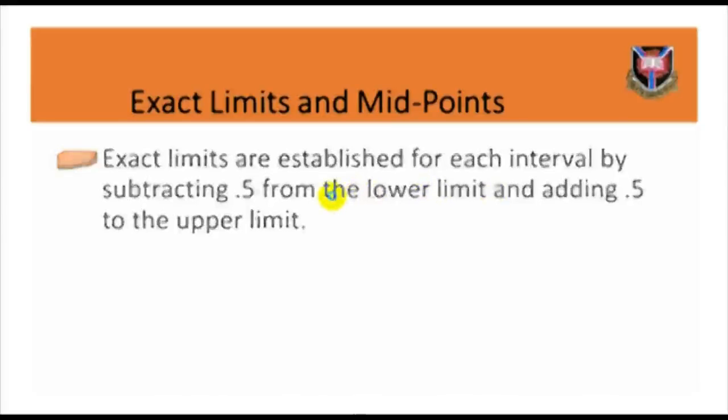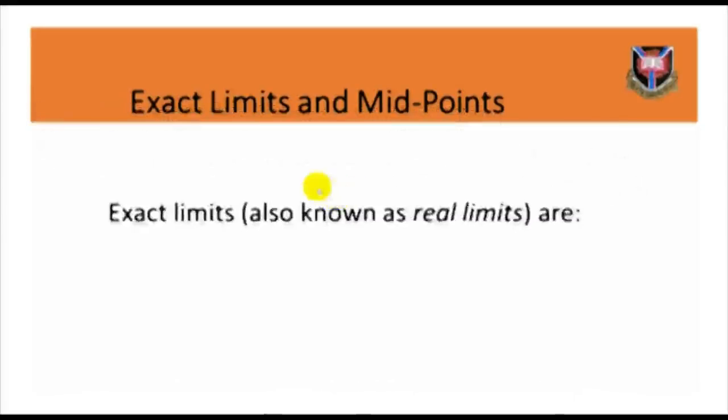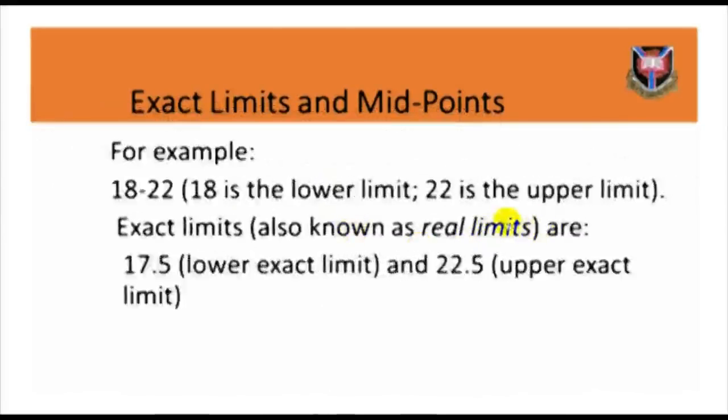The limits, lower and upper, of the intervals in table 6.4 do not show exactly where each interval begins and ends. However, in statistical situations, it is very important to think in terms of exact limits. The interval 18 to 22 contains the scores 18, 19, 20, 21, and 22.